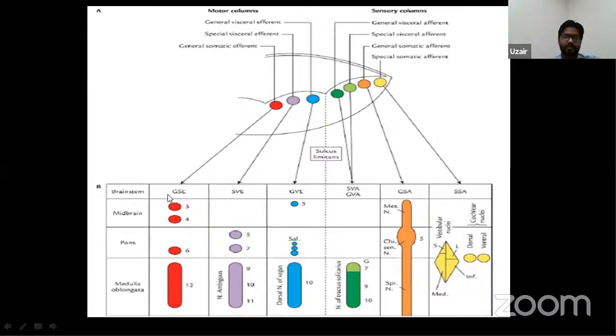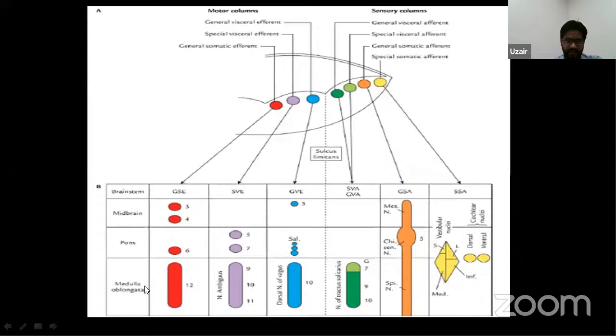This is responsible for the motor movements of the extraocular muscles and all the muscles that develop from the somites. So we know cranial nerve 3, cranial nerve 4, and cranial nerve 6, all of which supply the extraocular muscles developed from the somites, are controlled by these nuclei, which correspond to the general somatic efferent.